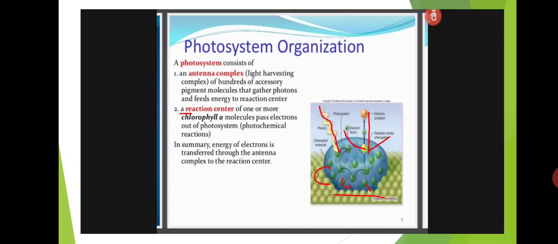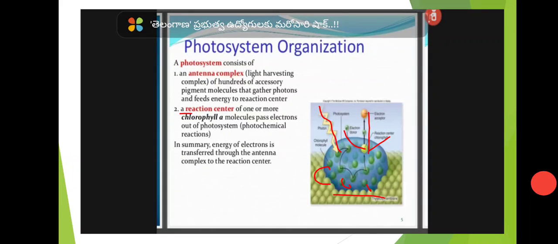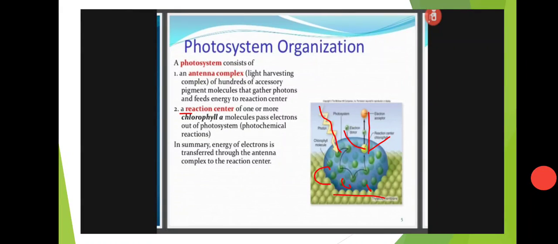In summary, the energy of electrons is transferred through the antenna complex to the reaction center. Here the diagram is there. Green color pigments are called chlorophyll molecules, and these chlorophyll molecules absorb the photons.